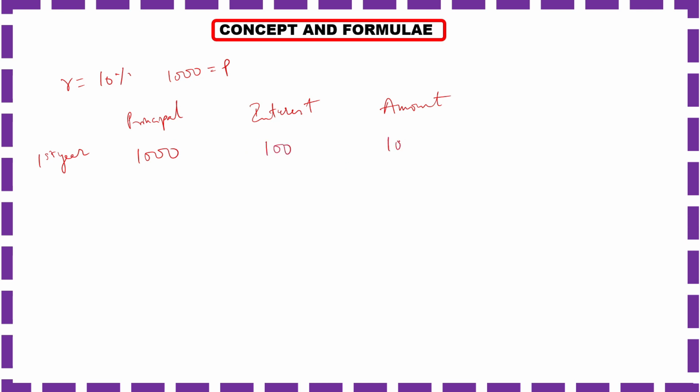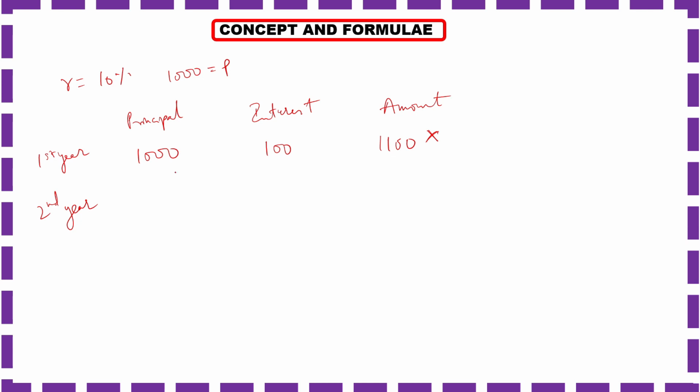The amount is 1000 plus 100, which is 1100. This is perfect. Now let us assume that you are not going to repay the amount at the end of the first year. Now you want to repay the amount at the end of second year.